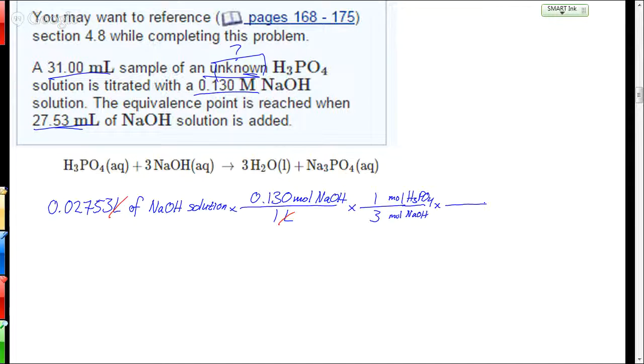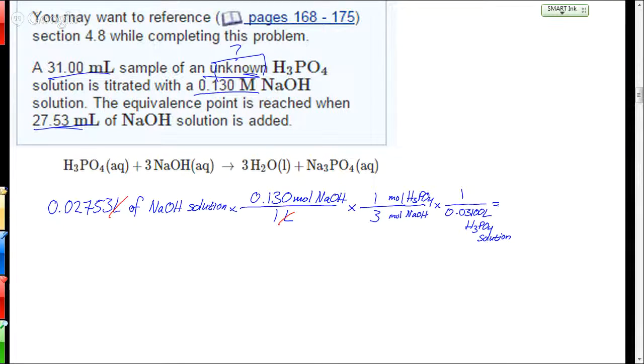All right, and that tells us moles of phosphoric acid, but ultimately we want concentration. We want moles per liter. So we're going to just divide that by the volume, 0.03100 liters of the phosphoric acid solution.